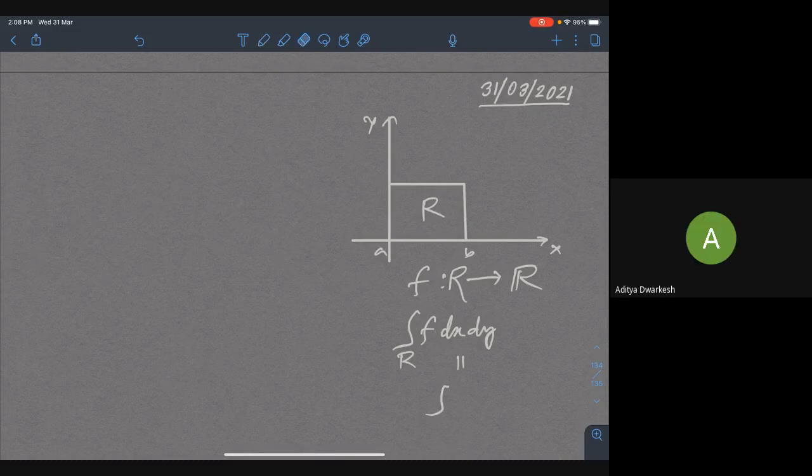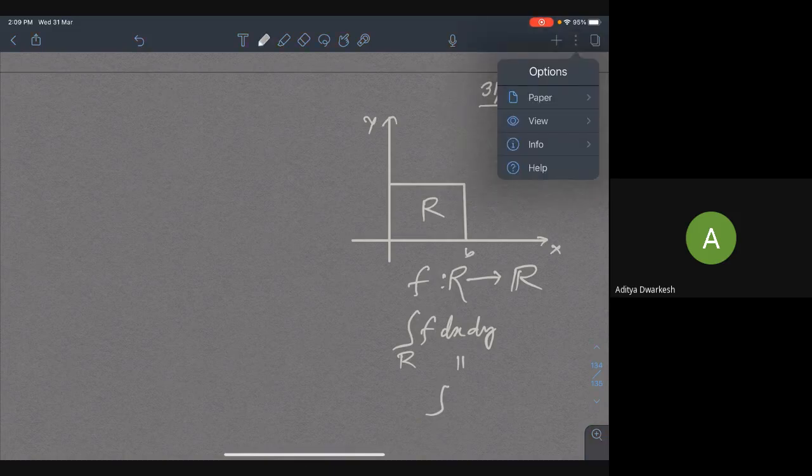Sir, could you change the background color back to white? What? I didn't get that. Sorry, could you change the background color back to white, the background you're writing on? Oh, okay. So yeah, back to white. So that is better.